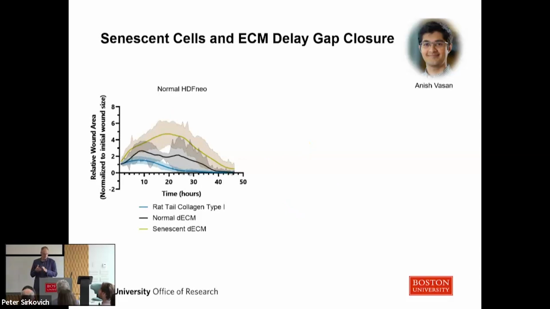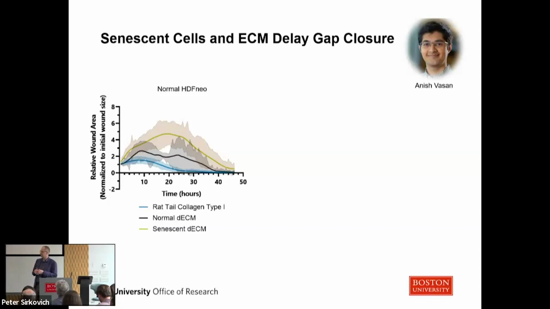So then we were wondering, well, as everyone is looking at the cell type itself, we were interested whether these cells produce different types of ECM and whether that ECM affects wound healing. So we did this experiment where we have these neonatal cells, and the control condition is the lower graph there. That's the fast healing one, so that is in rat tail collagen. But then we changed the extracellular matrix to what normal cells would produce, which is the middle line.